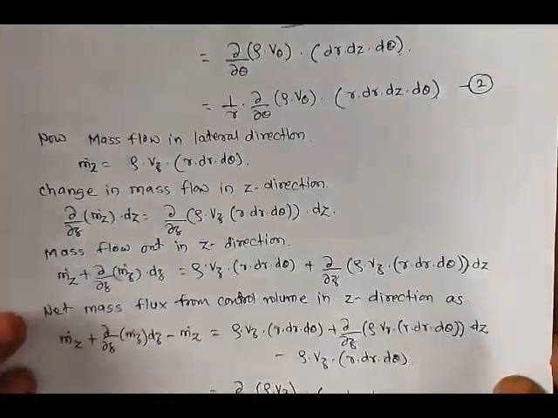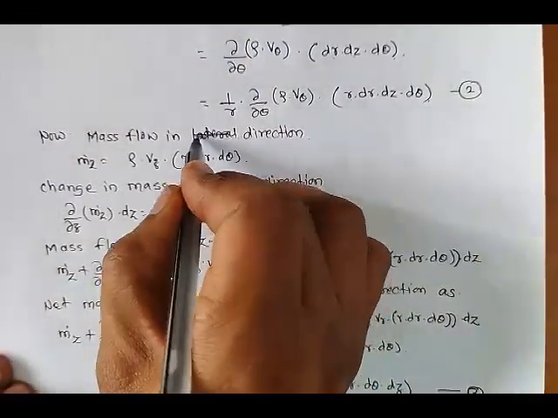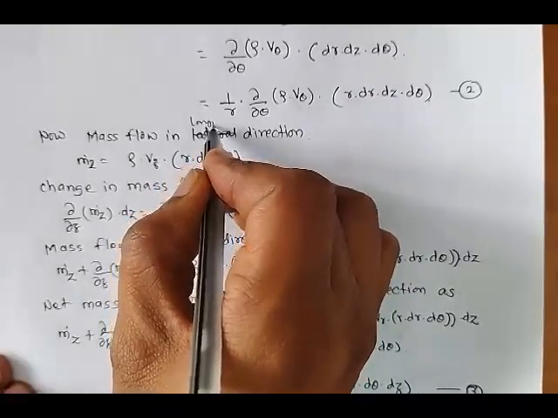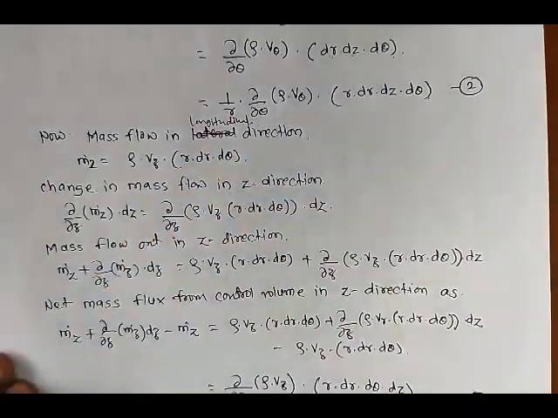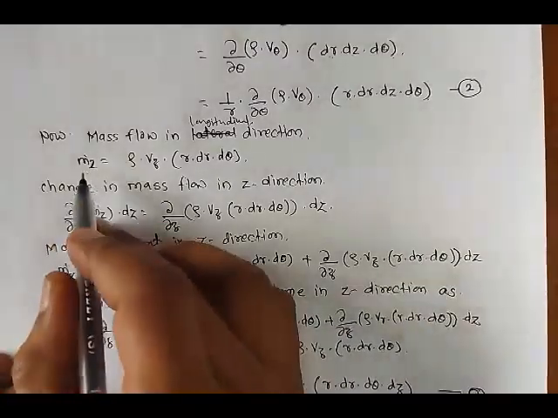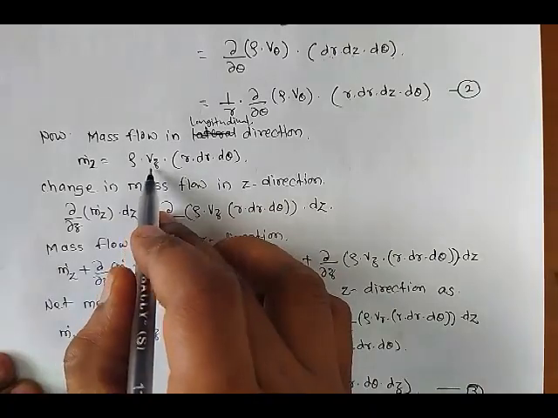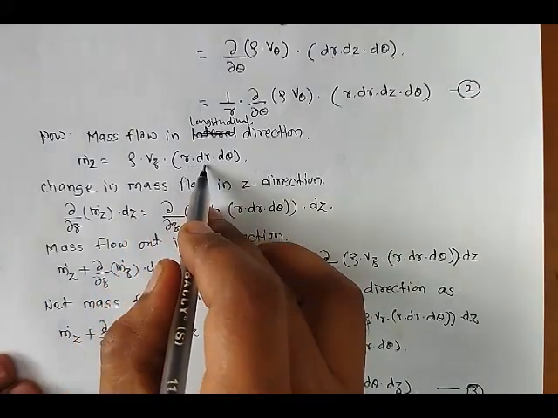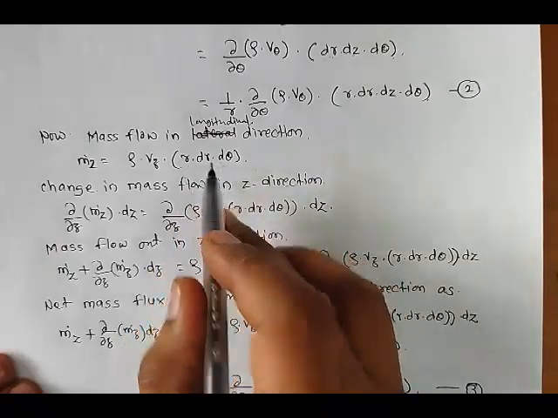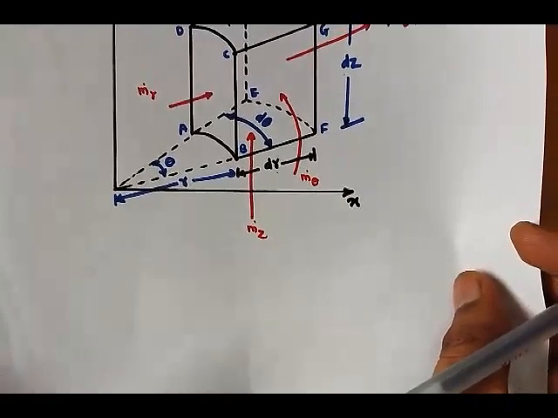Now similarly, we need to calculate the mass flow in the longitudinal direction, that means along the axis or the z direction. So m dot z is equal to rho, the velocity component in the z direction Vz, multiplied with r dr d theta. So r dr d theta is the cross section through which m dot z is passing.